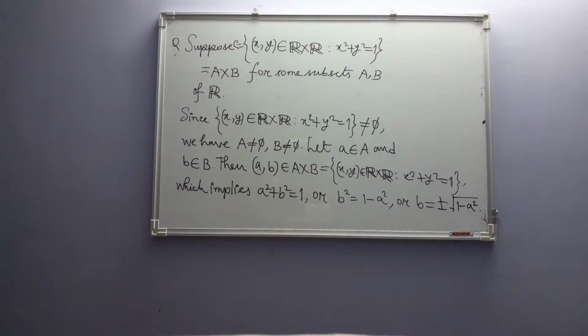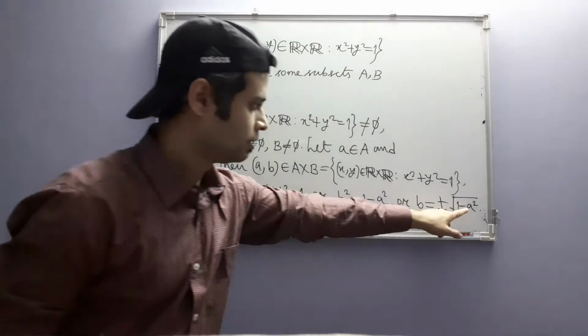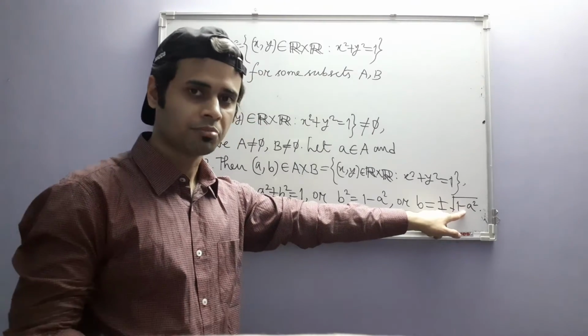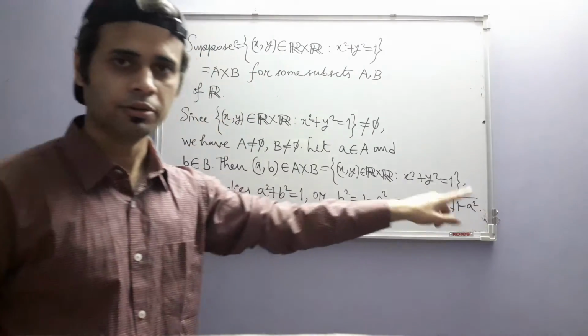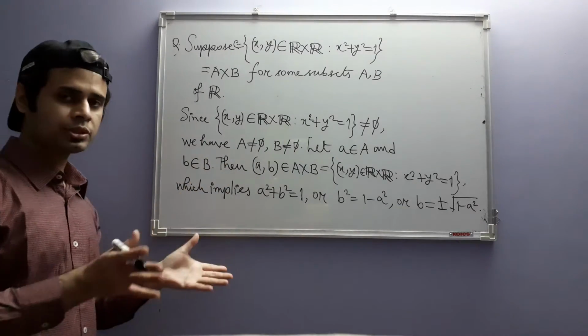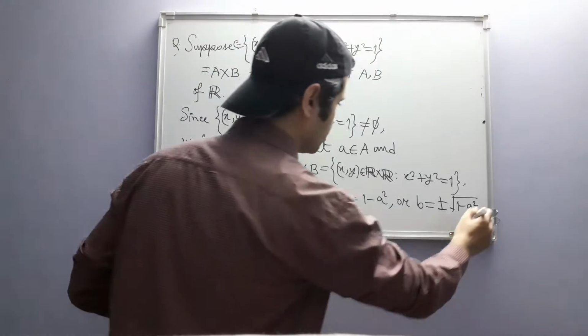Two values or one value, it depends on the value of a. For example, if you have a equal to 1 or minus 1, then this will be 0. So there will be only one b. But at most there can be two b's.